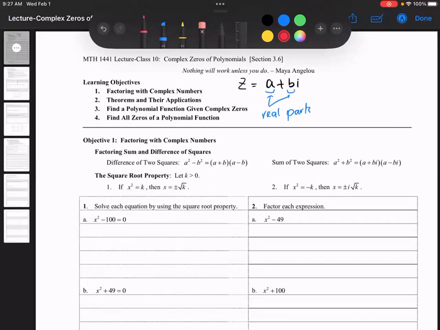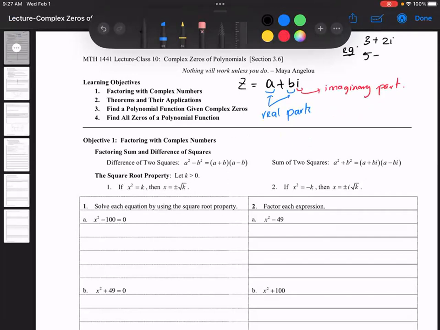And i is your imaginary part. So let me give you an example. The example will be 3 plus 2i. That's a complex number. Right? 3 is a, 2 is b, and i is i.